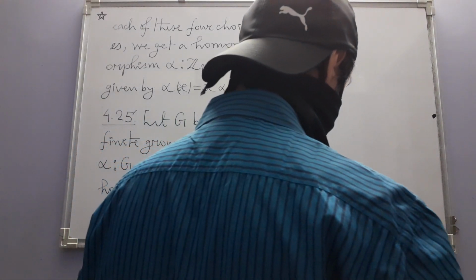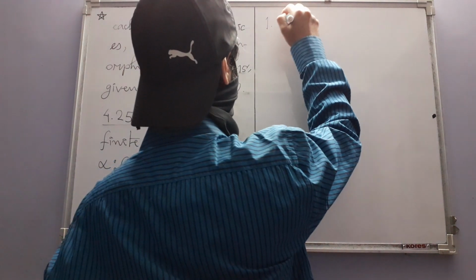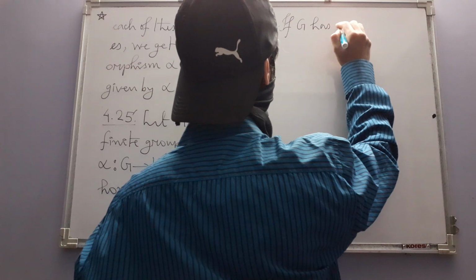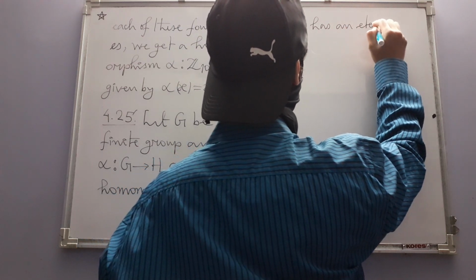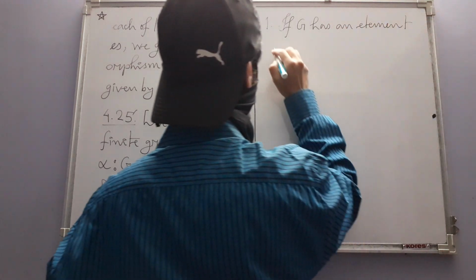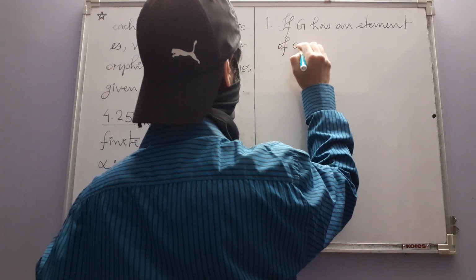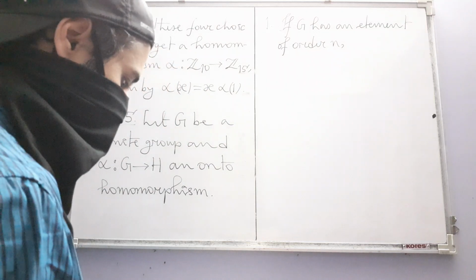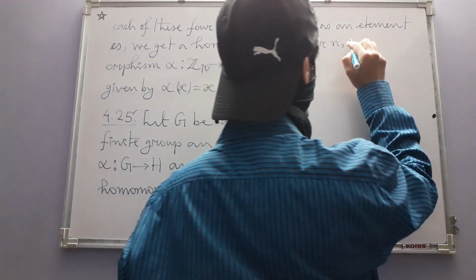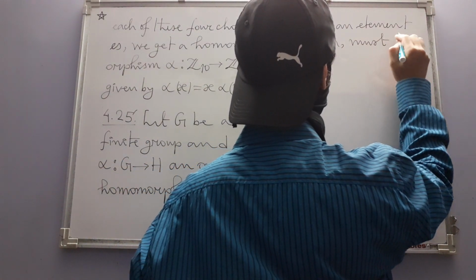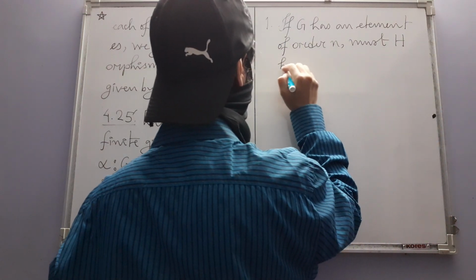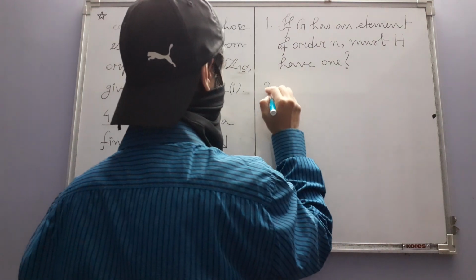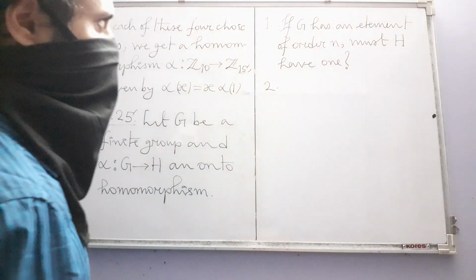Number 1: if G has an element of order n, must H have one? And number 2 is the opposite.